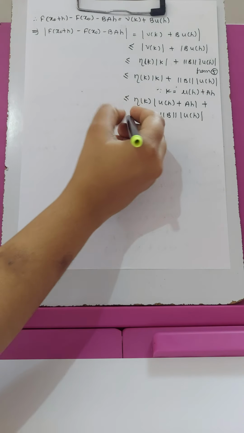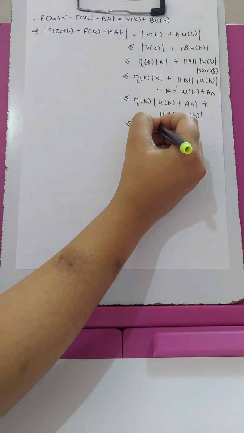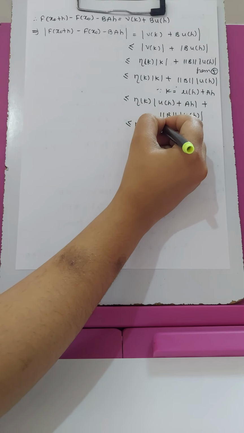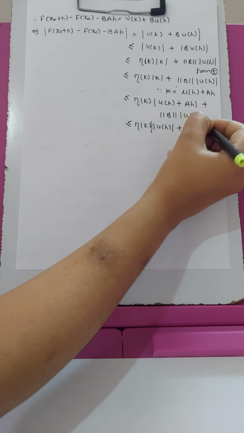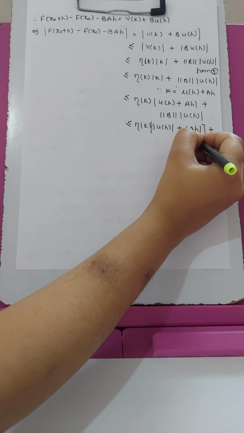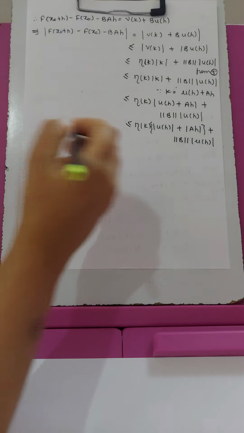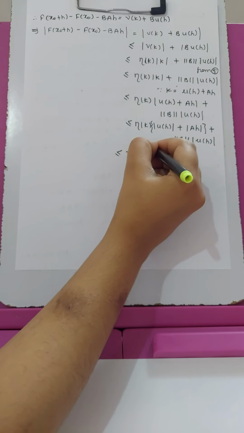Now separating the mod here we get less than or equal to eta of k mod of u of h plus mod of ah, plus norm of b u of h.